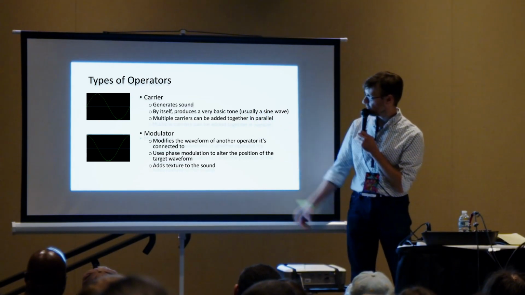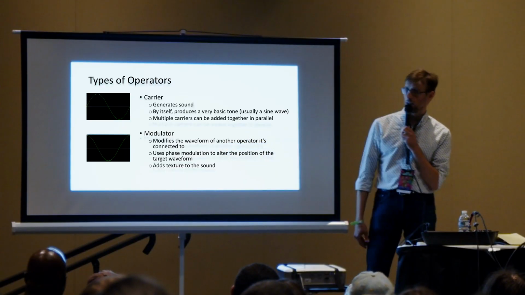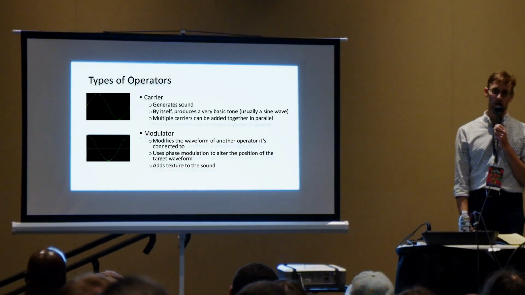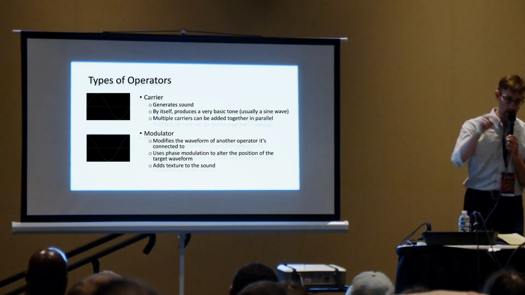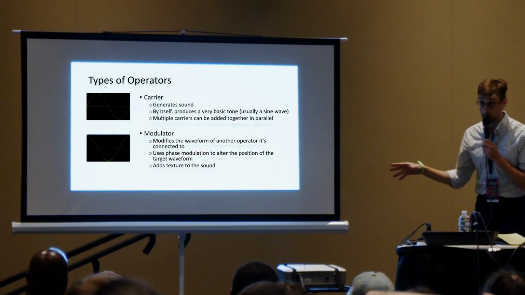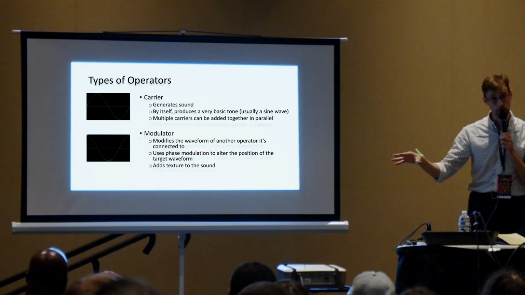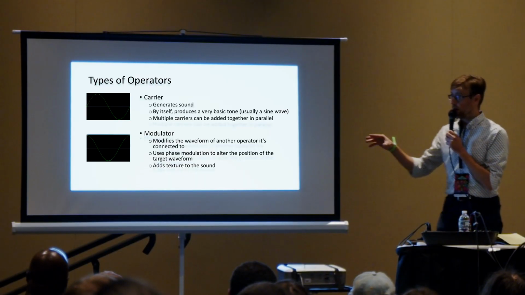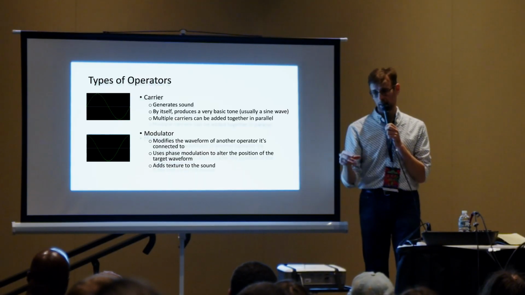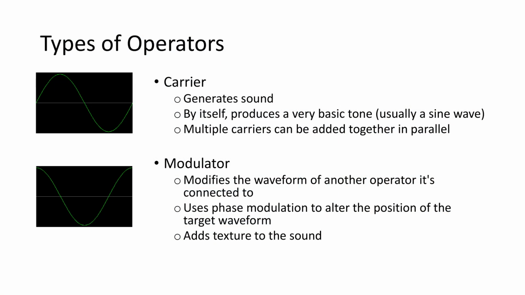So it's the sound. The modulator is a type of operator that feeds into any other operator. It could be a carrier or it could be a modulator. But it's going to manipulate that signal. And I'll get into that on the next slide.